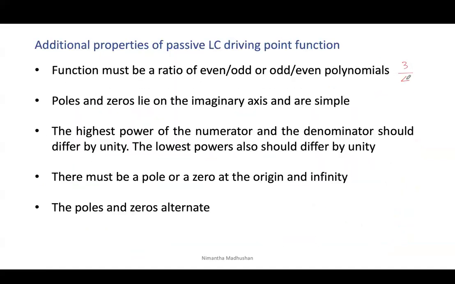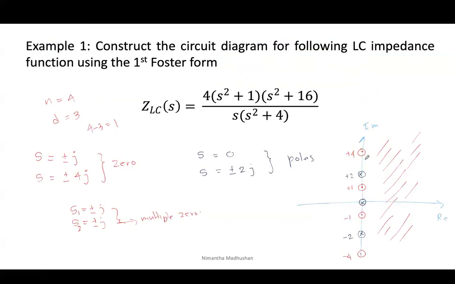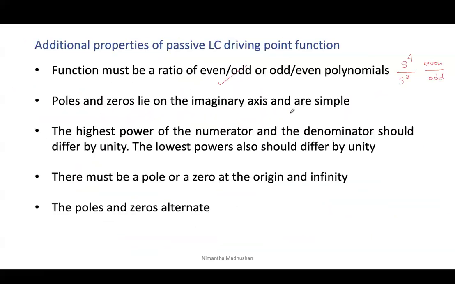That is s to the power 4 over s to the power 3, which is even over odd. It is satisfied. And the second one is poles and zeros lie on the imaginary axis and are simple. You can see all poles and zeros lie on the imaginary axis and all are simple. Then the second condition is also satisfied.